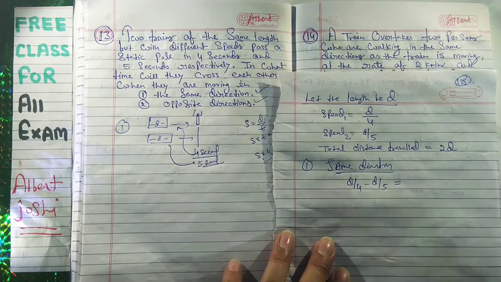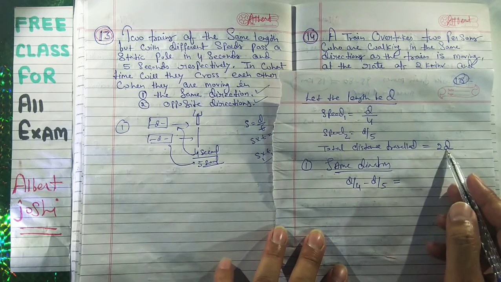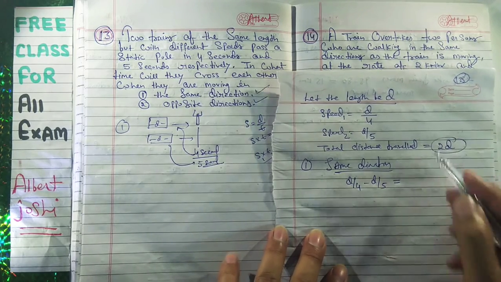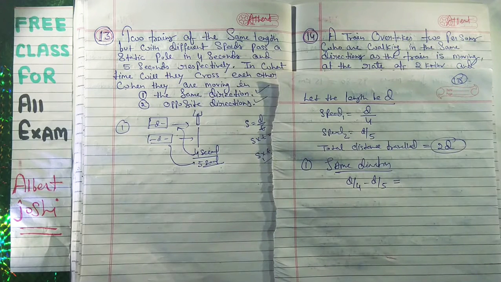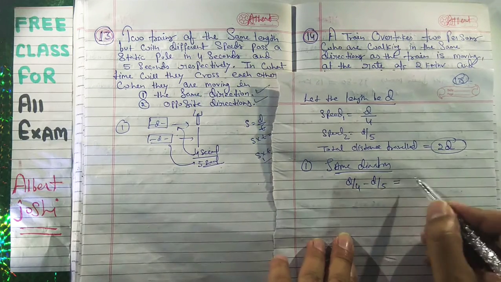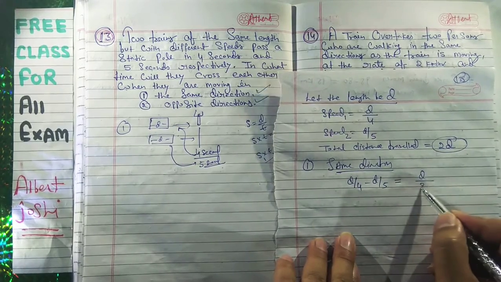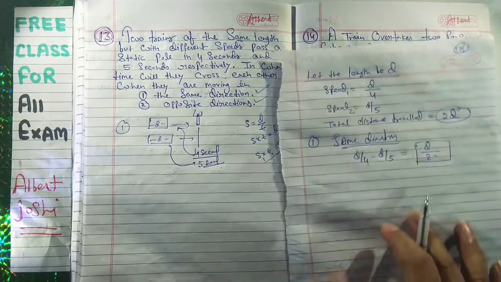So in this condition, the relative speed is D upon 4 minus D upon 5. At first you have to subtract: 5 minus 4 is equal to 1, and 4 times 5 is 20, so you get D upon 20.